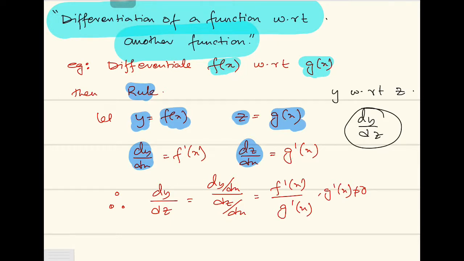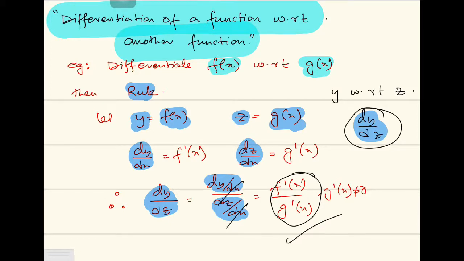My target was dy by dz, so dy by dz will be equal to dy by dx divided by dz by dx. It is as if the dx and the dx get cancelled and you get the answer. This is similar to parametric functions that we have done in the previous classes, correct?